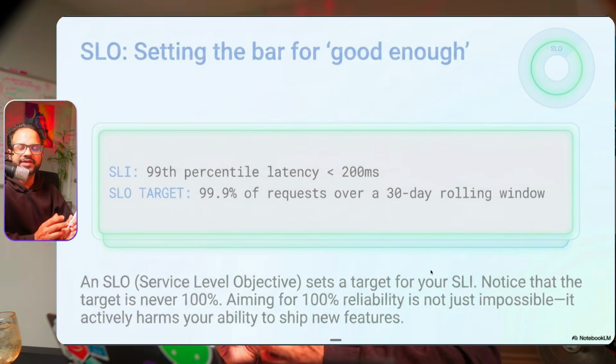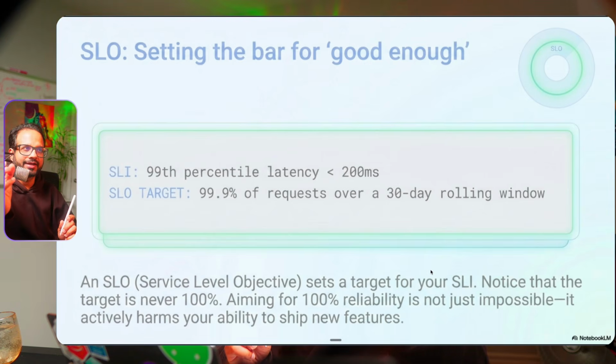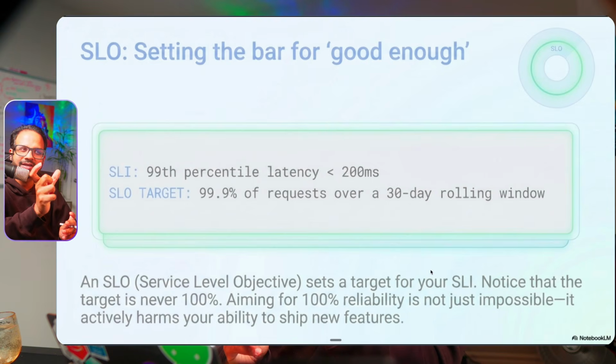Then so we discussed SLI. Now SLO is setting the bar for good enough. SLO is the target that you set that you are willing to achieve. Okay. So SLI is, for example, 99th percentile latency should be less than 200 milliseconds. That's your SLI. But how would you measure that SLI? So this is a data point currently right now, right?